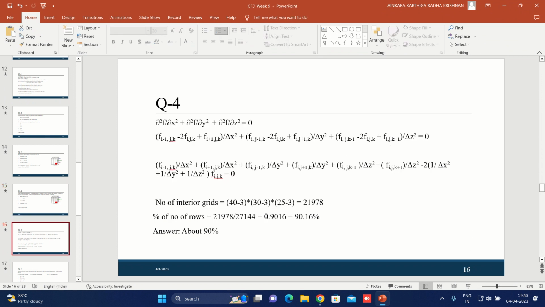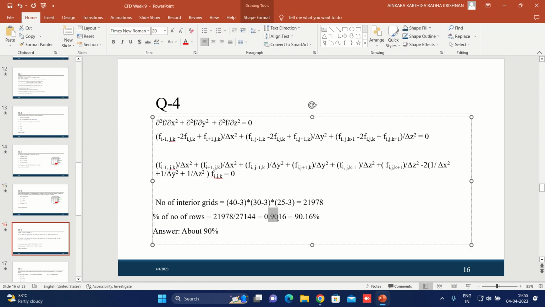So the answer is coming as 80.81 percentage. So it is 81 percentage, and we are approximating it as 90 percentage, and we are solving this.